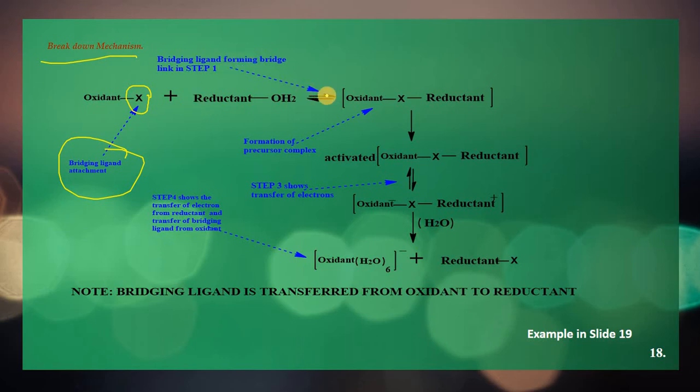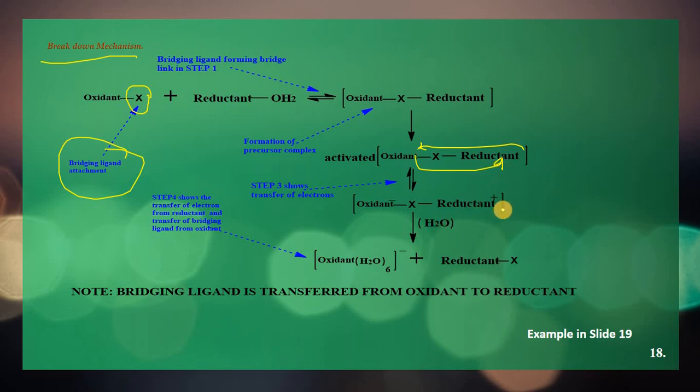They tend to come together and form what we call the precursor. When they form the precursor, it is further activated. When it is activated, there is transfer of electrons, from the reductant to the oxidant.